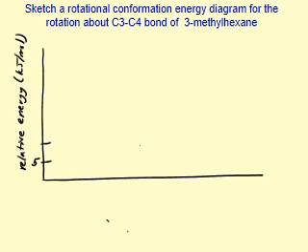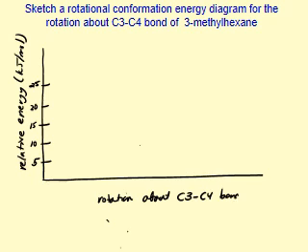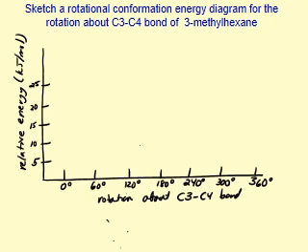Again, label your axes. It's extremely important that you have labeled axes. And then we're going to have rotation about the carbon-3, carbon-4 bond, and that's every 60 degrees. So 0, 60, 120, 180, 240, 300, 360.